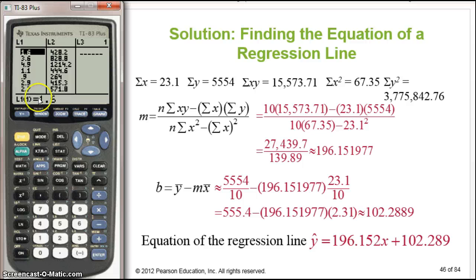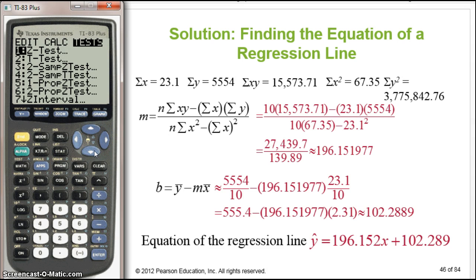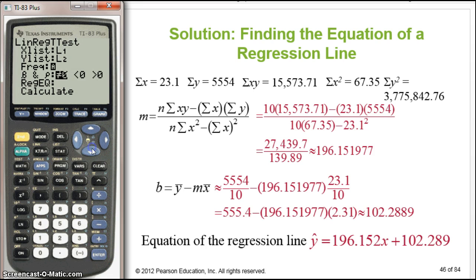But other than that, that's literally how simple it is to do the best fit line with the graphing calculator. Be careful on your homework though, because the calculator shoots out, let me go back for a second to linear regression, your calculator shoots out the equation of the line with the y-intercept first, then the slope.